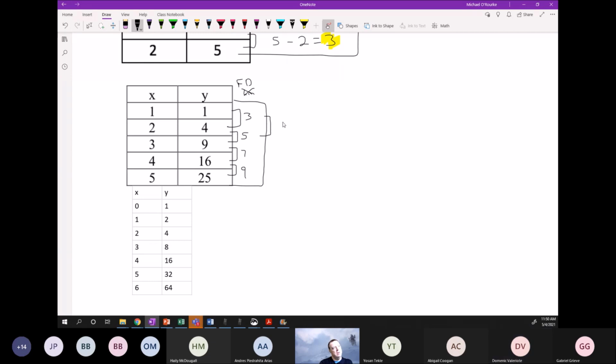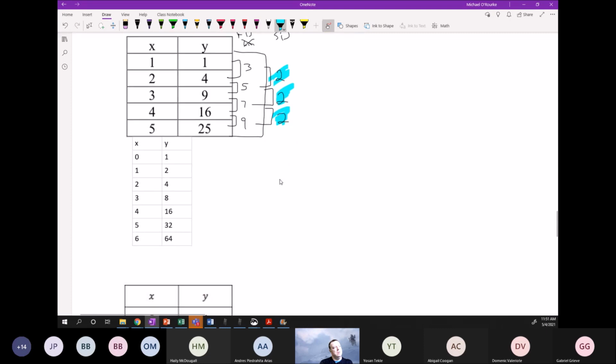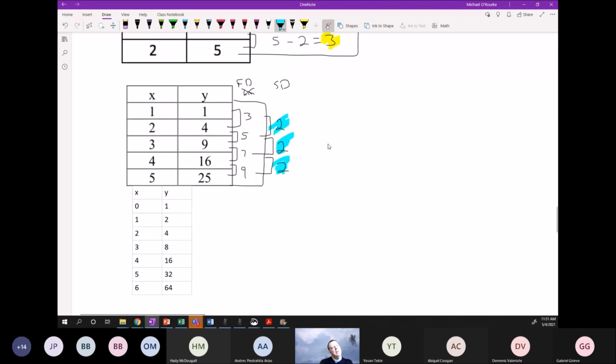5 minus 3 is 2. 7 minus 5 is 2. 9 minus 7 is 2. Our second differences here are all equal. What does that tell us?